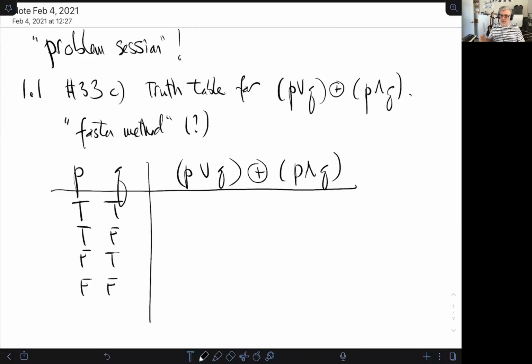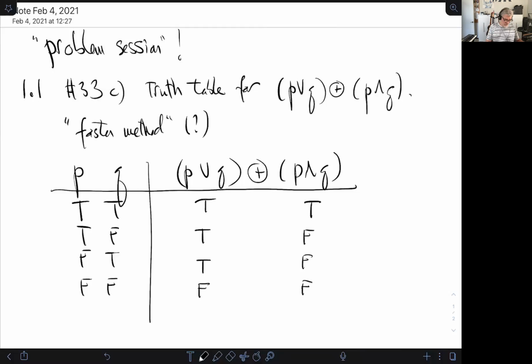Okay, so the or, again, quick reminder, or is true as long as one of them is true. So this will be true, true, true, and this will be false, right? So below P or Q, I'm just evaluating that expression. The and is true when both are true. So this will be true, false, false, false.